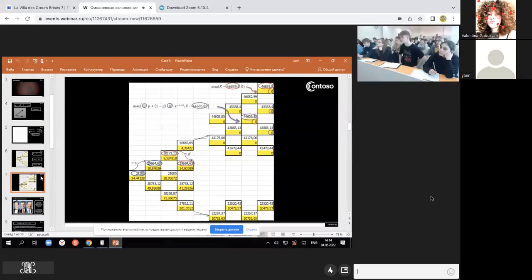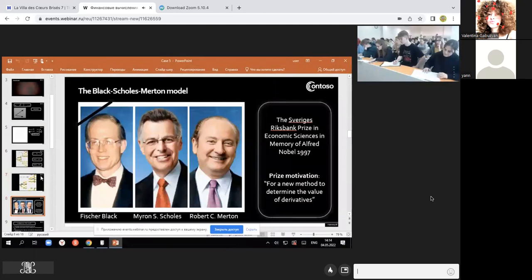Now let's move to the next model. Now we will move to the Black-Scholes model. As you can see, of these three names, two got the prize because Fisher Black died before 1997.